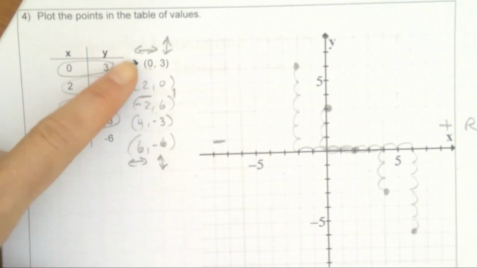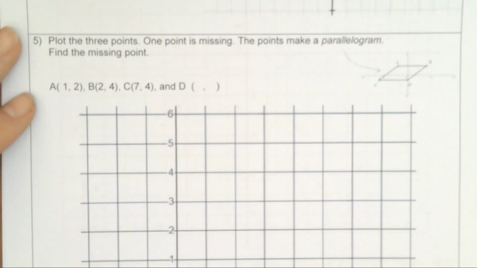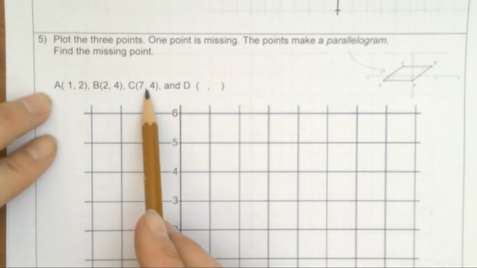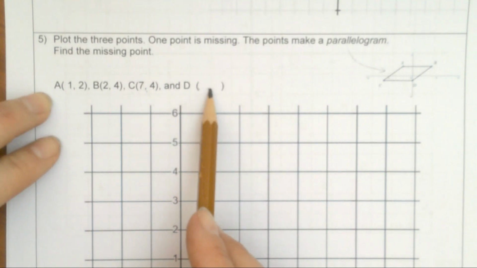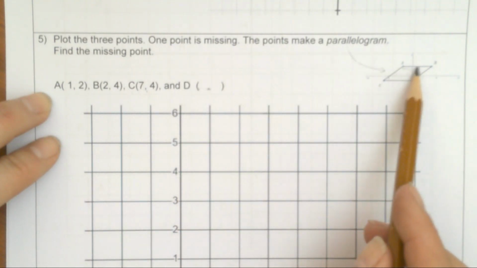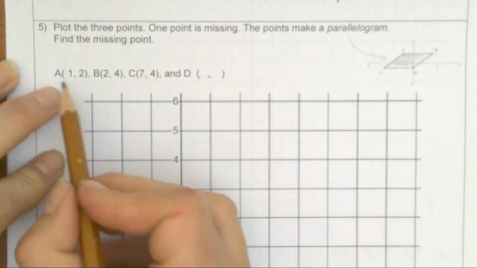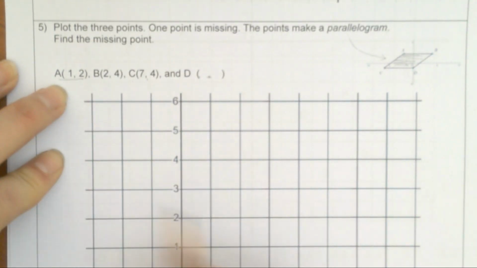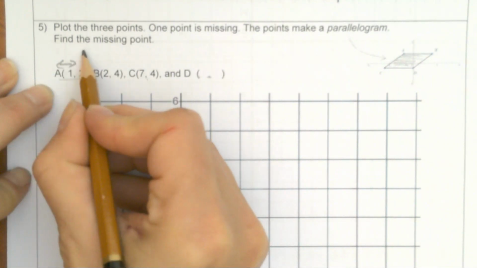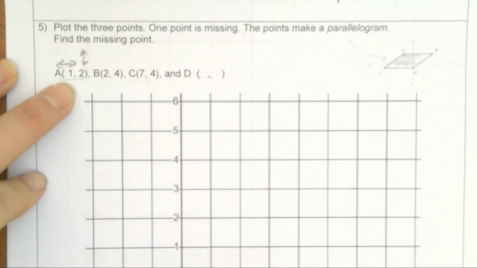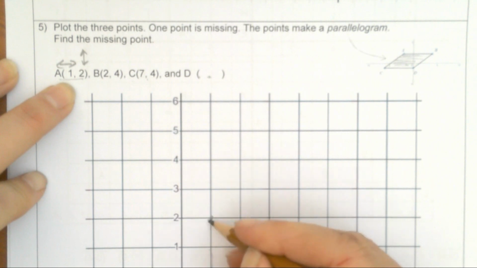Okay, so we just made some points. So the last question says plot the 3 points, and 1 point is missing. The points make a parallelogram, so this shape. Find the missing point. Okay, so A is 1, 2. So remember this is left and right, this is up and down. So positive 1, up 2.